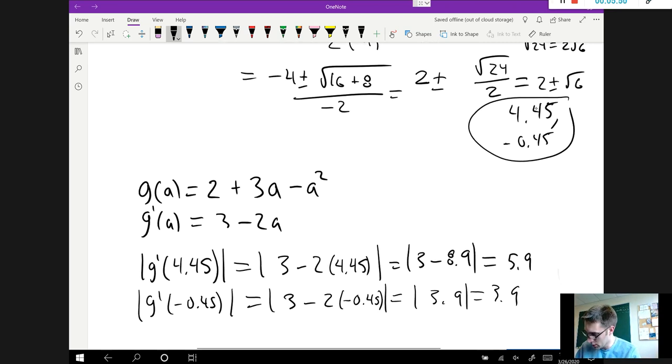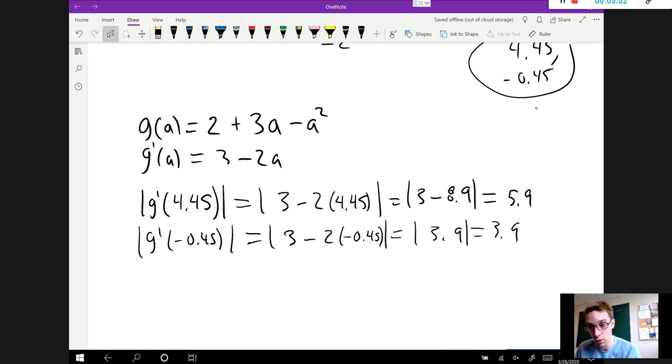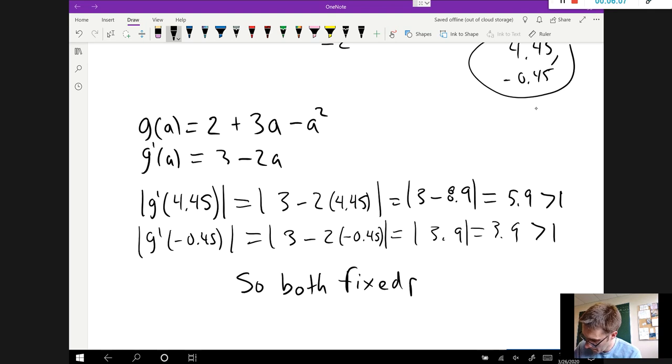And notice that both of those are greater than 1. So both fixed points are unstable.